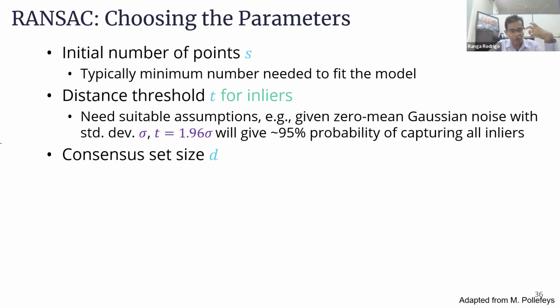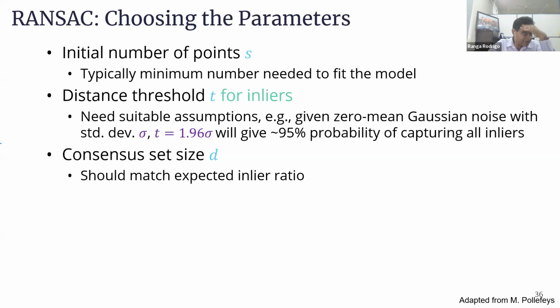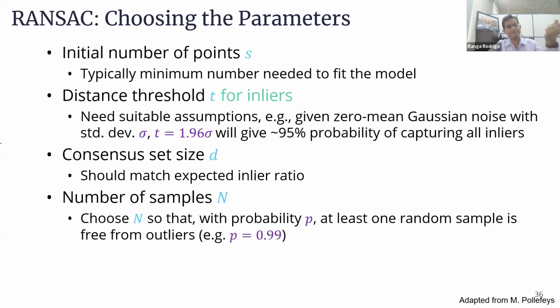Consensus size d: how many points do you want to be in consensus? This should match the so-called expected inlier ratio. We will discuss that, and the number of samples. How many times do you do this sampling? Choose n so that the probability p that at least one random sample is free from outliers is p equals 0.99.